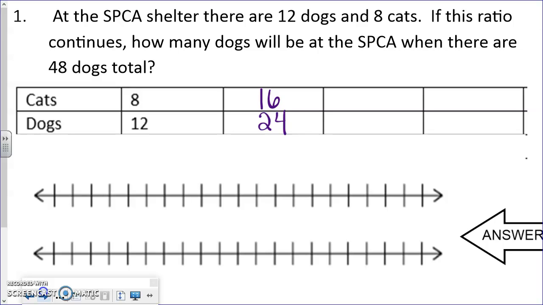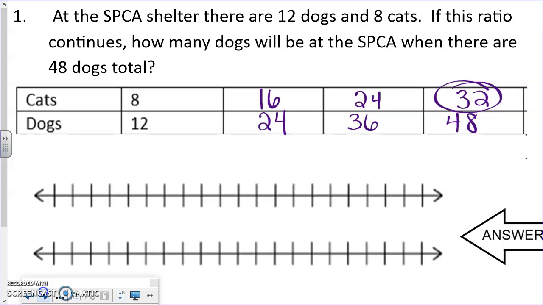If I extended it out one more, I would go to 36 dogs, and that would give me 24 cats, and then I could go one more and get to 48 dogs, and that would give me 32 cats. So 32 would be my answer.